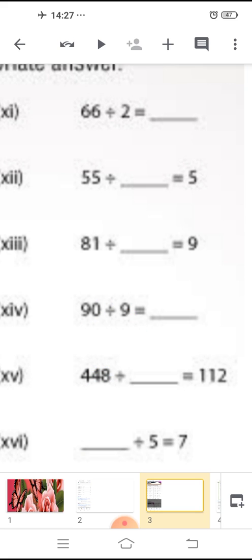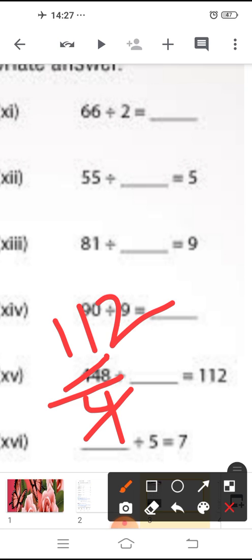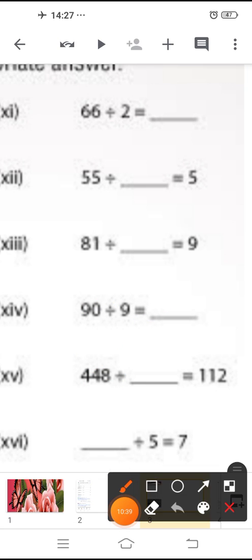What can we divide by? 4. 4 ones are 4. So your multiple should be 4. You have to check with that. Okay. So 448 divided by 4 will give you 112.